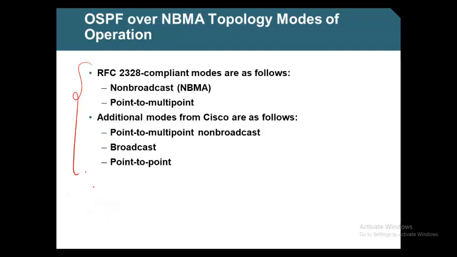In this first 4, all the routers that participate in neighborship will be in the same subnet. But in point-to-point, each point-to-point link will be in a different subnet. Let me explain.